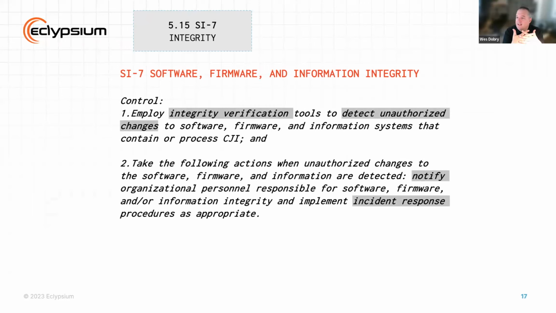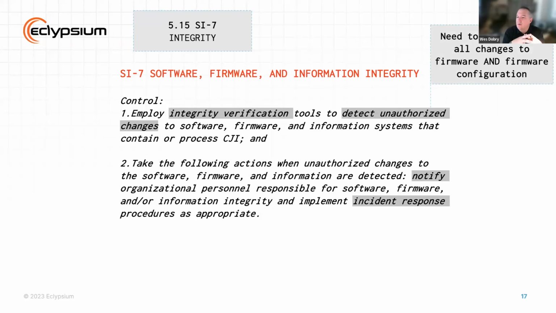And this is where some things start to get a little interesting, because this is a dramatic increase from CJIS 5.9.1. In CJIS 5.9.2, now that we look at these specific terminology and these controls, it now means that we have a lot of additional things that we need to do as organizations. So the first part is when they say detect unauthorized changes, this means that now you must monitor all changes to firmware and firmware configuration.